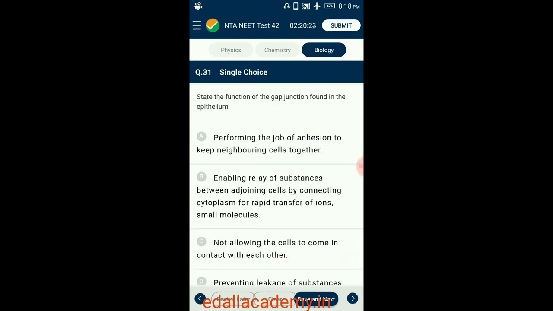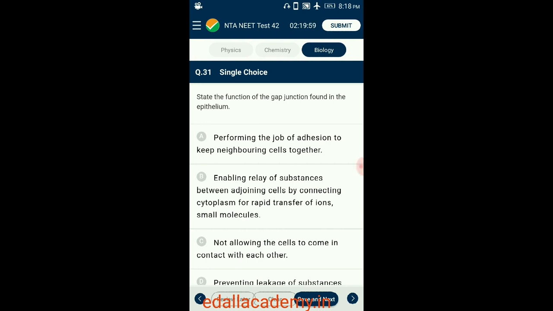Question number 31. State the function of the gap junction found in the epithelium. Epithelium tissues are the types of tissue found in animals which provide a lining or covering over the parts of the body. These tissues have certain connecting links which give structural as well as functional support, called junctions.